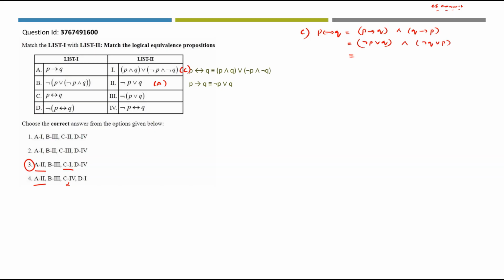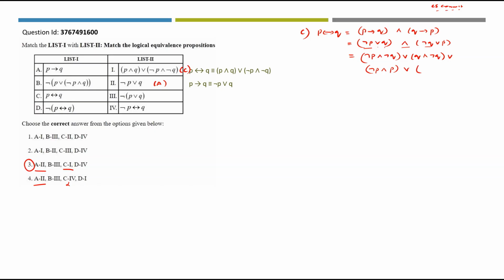Now we'll just try to expand this. This is negation of P, negation of Q with conjunction. So negation of P and negation of Q. Then we have disjunction here. We'll place it outside. Then we'll go with Q and negation of Q. Then we'll go with disjunction again. Then we have negation of P with P. So negation of P and P. Again we will go with disjunction.